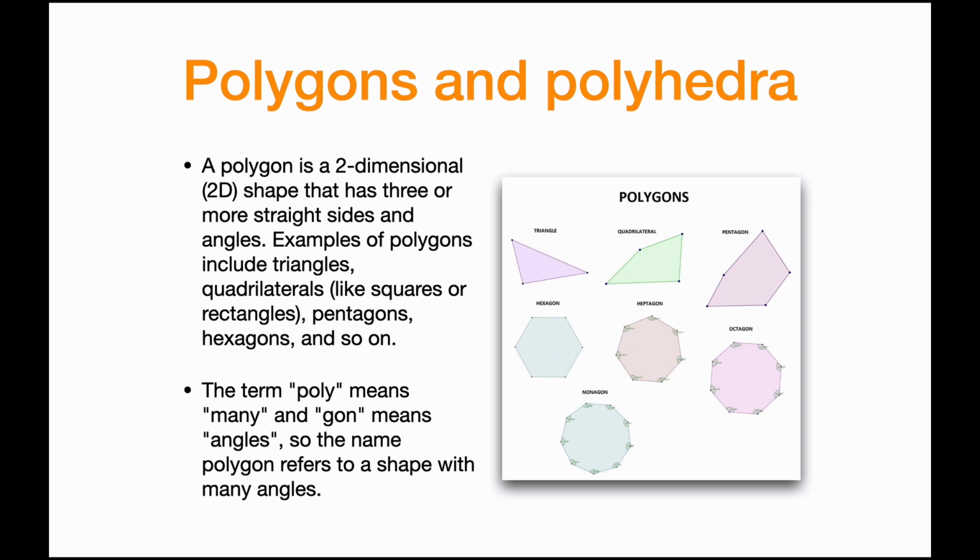Polygons and polyhedra. A polygon is a two-dimensional, 2D, shape that has 3 or more straight sides and angles. Examples of polygons include triangles, quadrilaterals, like squares or rectangles, pentagons, hexagons, and so on. The term poly means many and gon means angles, so the name polygon refers to a shape with many angles.